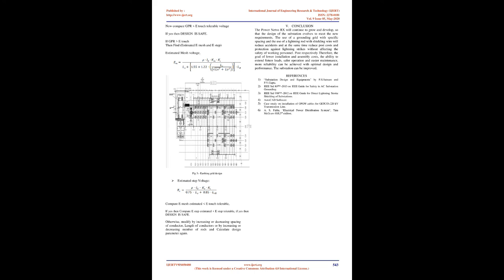Conclusion and references. 1. Substation Design and Equipments by P.S. Satnam and P.V. Gupta. 2. IEEE Std 80-2013, IEEE Guide for Safety in AC Substation Grounding. 3. IEEE Std 998-2012, IEEE Guide for Direct Lightning Stroke Shielding of Substations. 4.